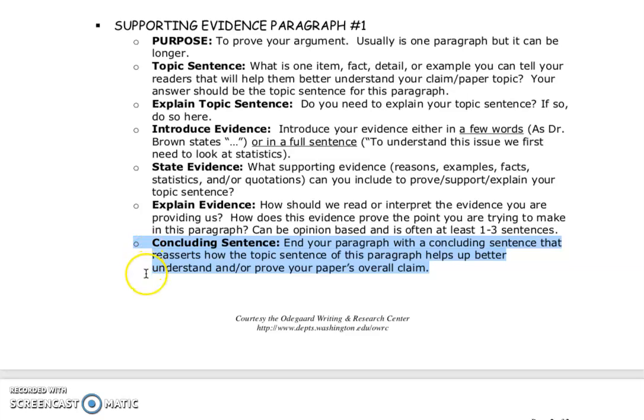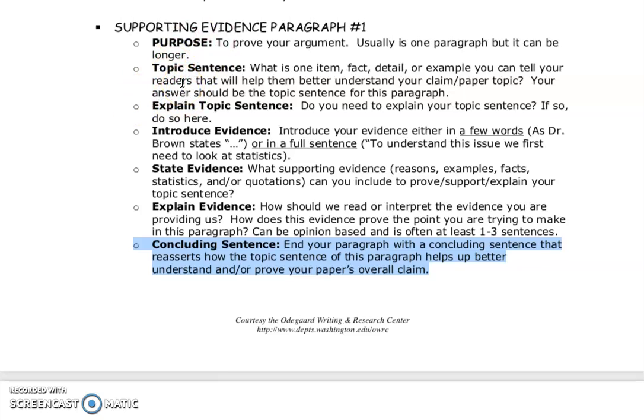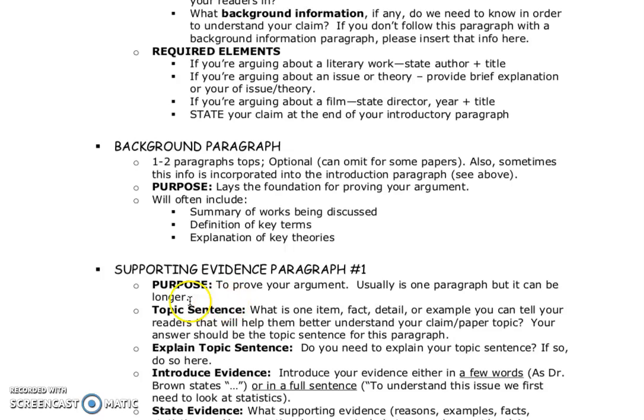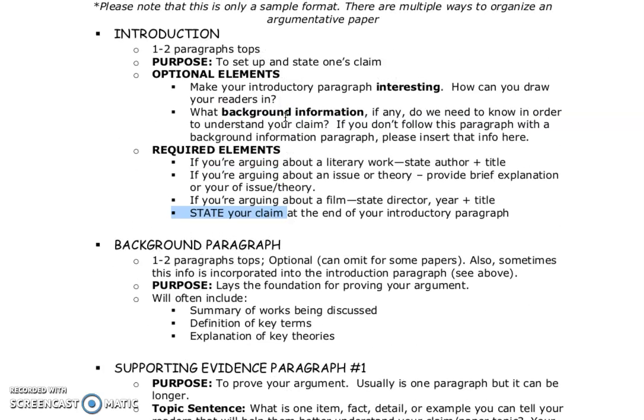You need to do this step because this is what ties the key point expressed in your topic sentence, or in Toulmin method, your reason for why what you say is true is actually true. It ties your topic sentence all the way back up to your claim in the introduction.